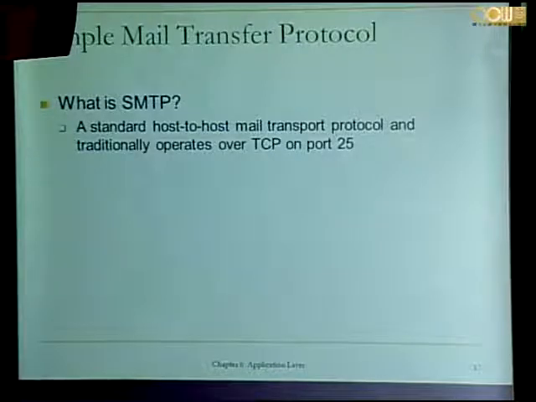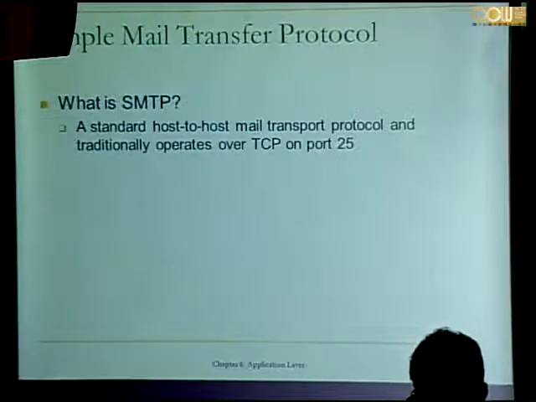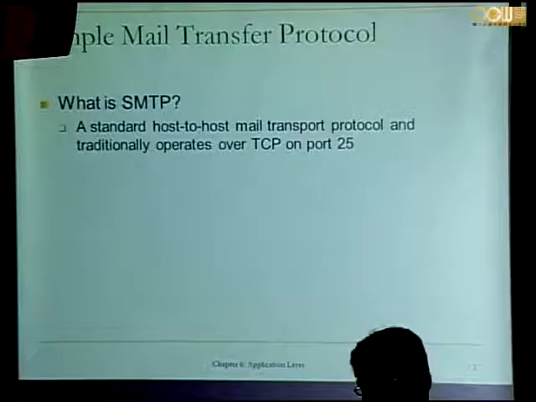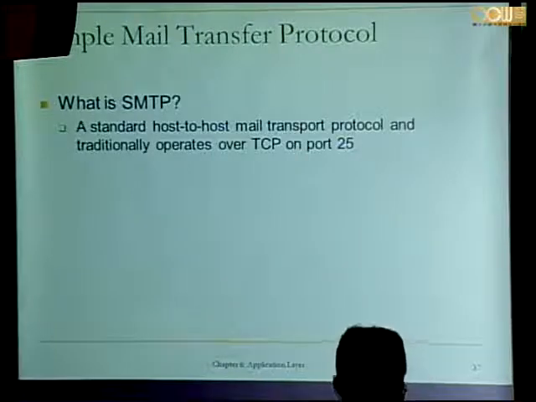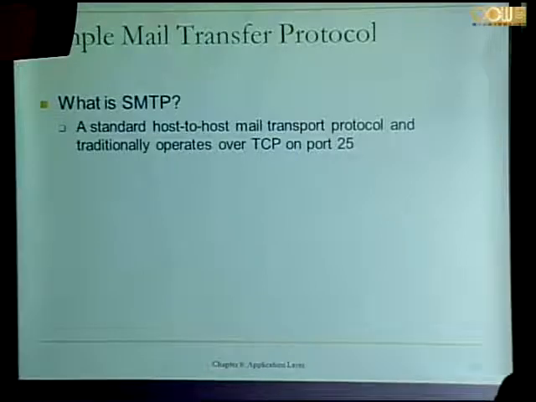By the way, the DNS server works on port number 53, and it works on TCP 53 and also UDP 53, so it works on both. I mean the DNS server. But for mail, SMTP only works on TCP port number 25.